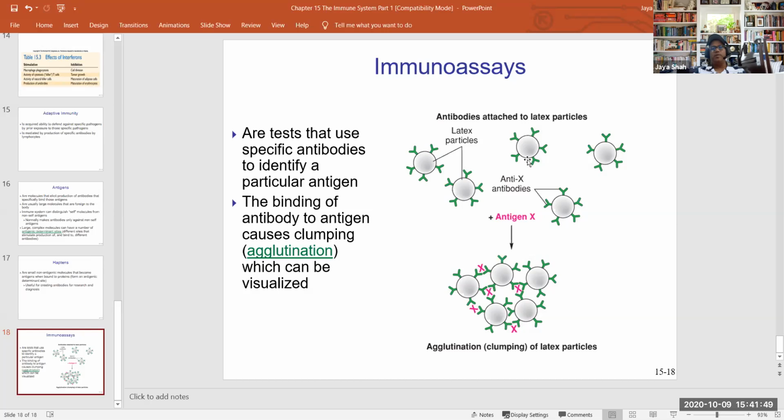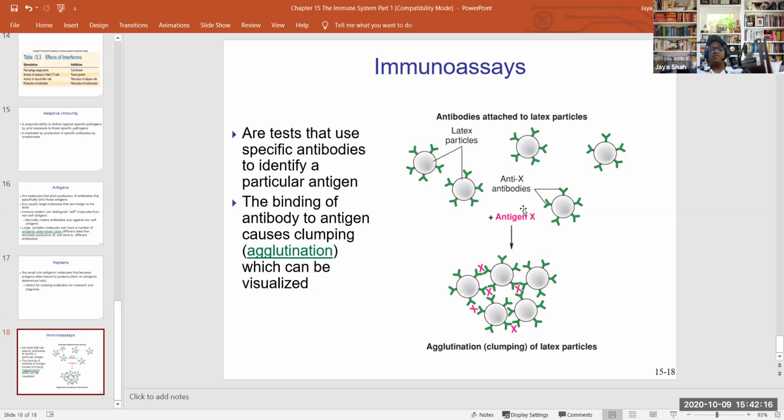Here we have these Y-shaped immunoglobulins or antibodies, and we have latex particles with antigen X here, and these Y shapes are anti-X antibodies.